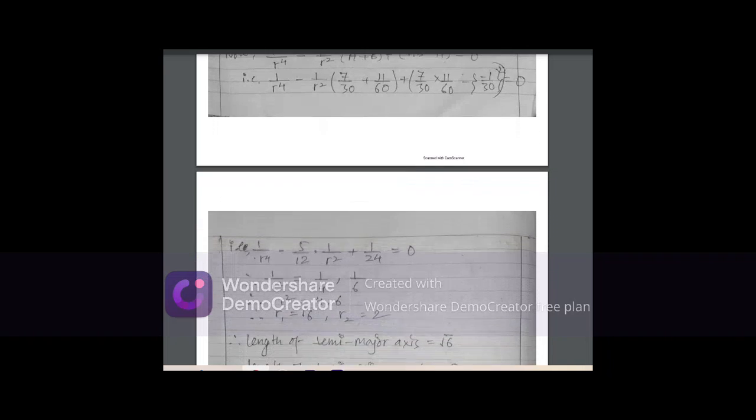So now calculating this quadratic equation using a calculator, we will find the value of r, that is r square equals 4 and 6.